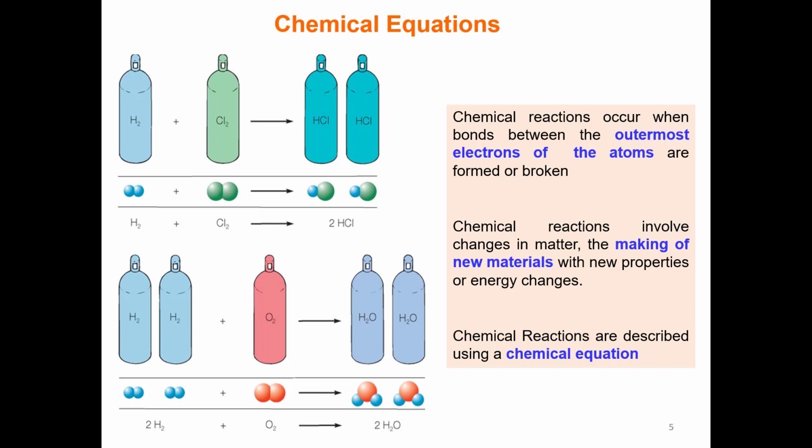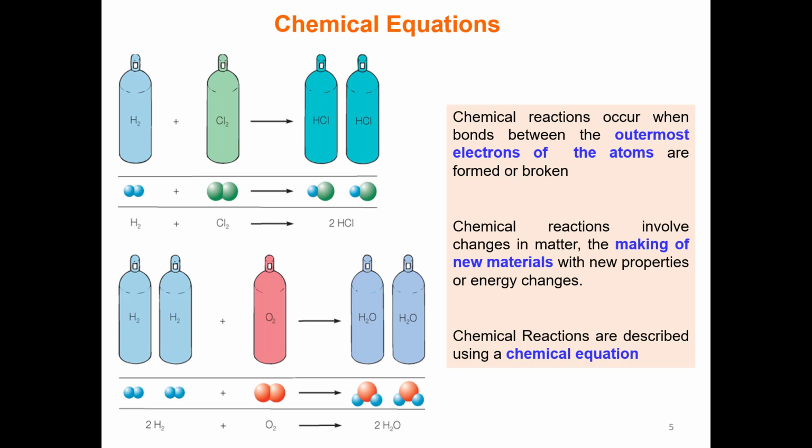It means that when the electrons of the atoms transfer or share and form a new compound, they form new materials, and this new material has new properties, different from the original ions.